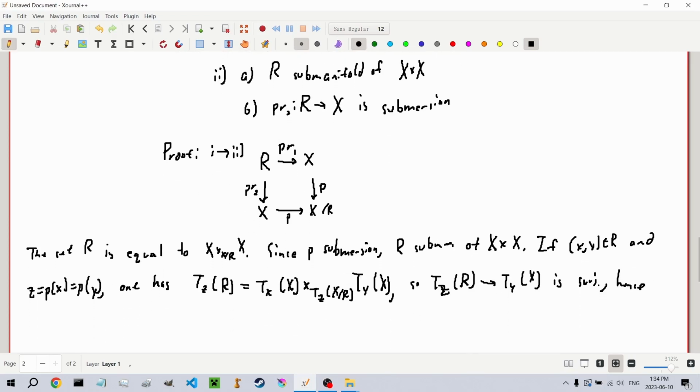Hence, the restriction of the second projection to R is a submersion.